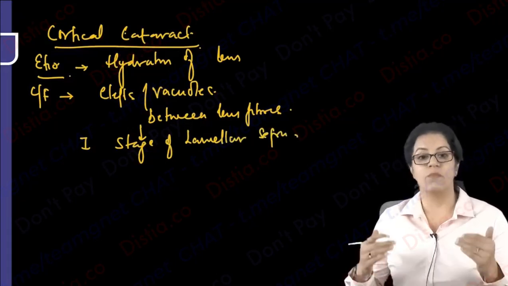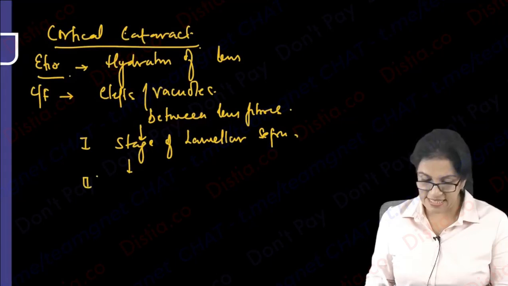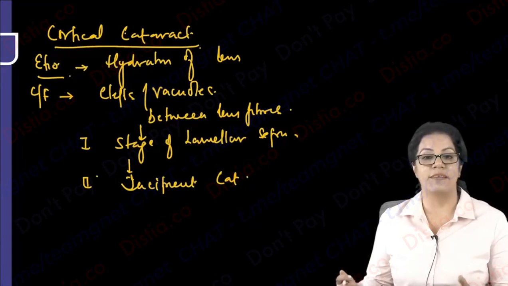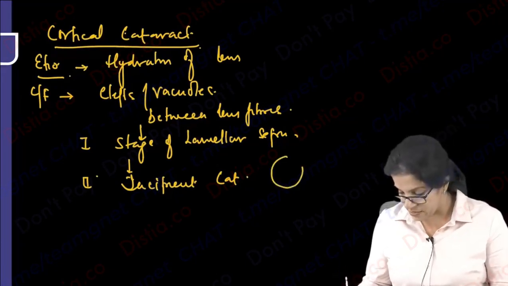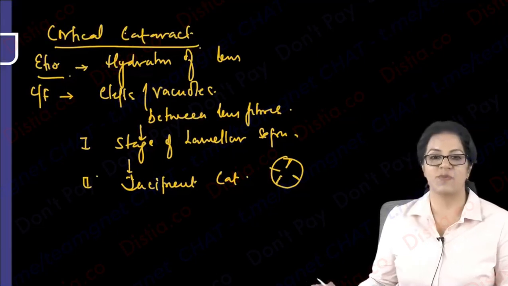Next, what happens? A little more hydration and cataractous changes will lead to the second stage, incipient cataract. Incipient cataract means, again, it's an immature cataract where you can see spoke-like opacities. Please make all the diagrams I'm making.